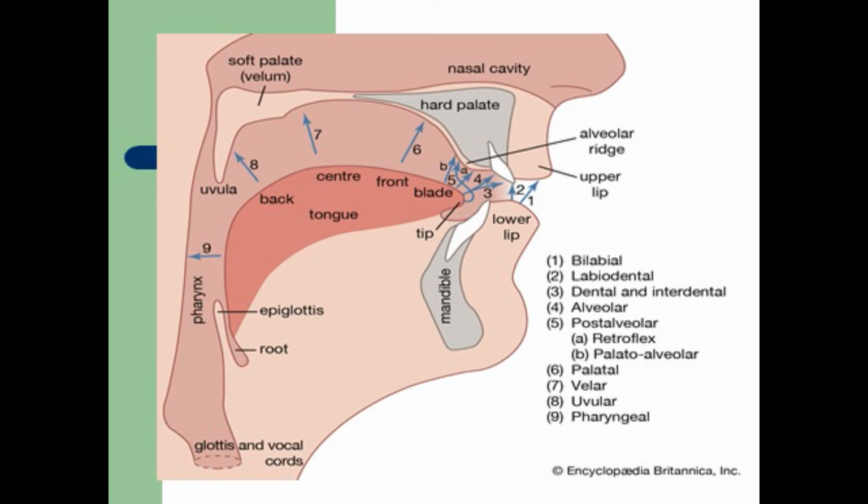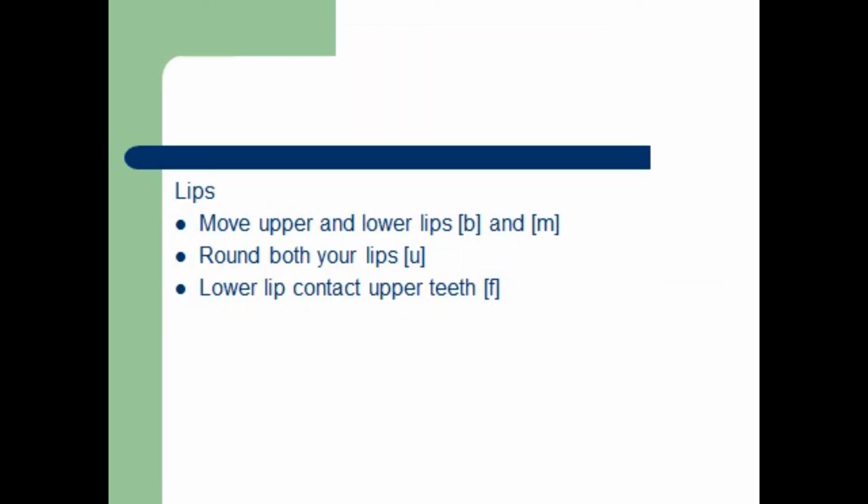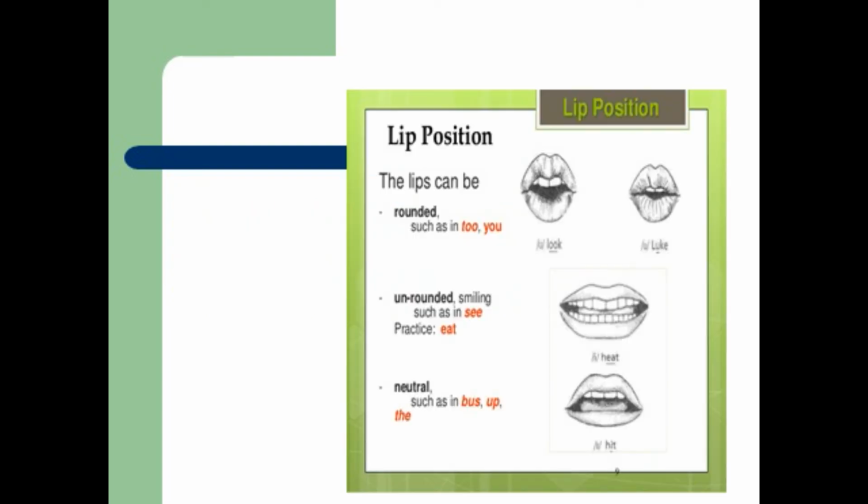Now we talk about the lips, and they can take different positions. The lips can be rounded, for example when you produce the oo sound, like in the word to or you, and unrounded, that is spread, in the production of the e sound in the word see or eat.